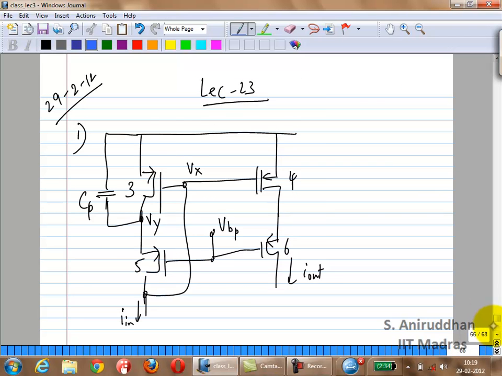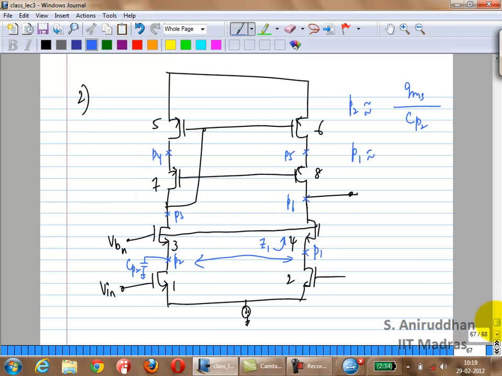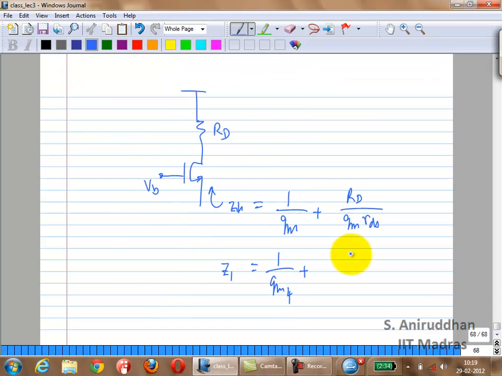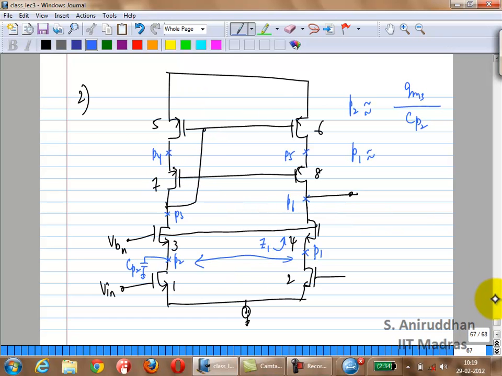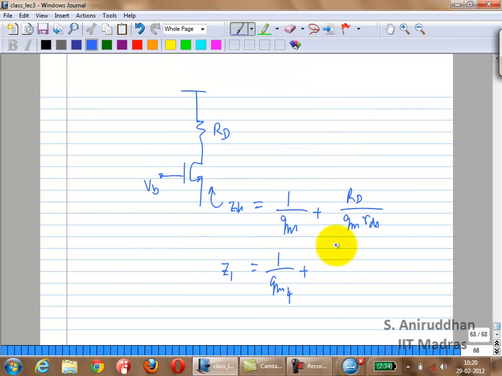So sorry, Z1 is 1 by GM4 plus RD. What is RD here? It's the impedance looking in there. What is that? Correct?